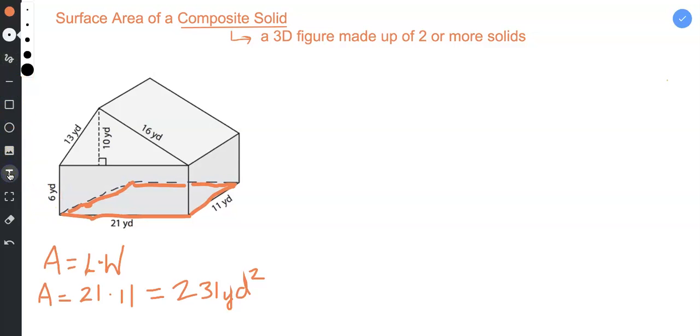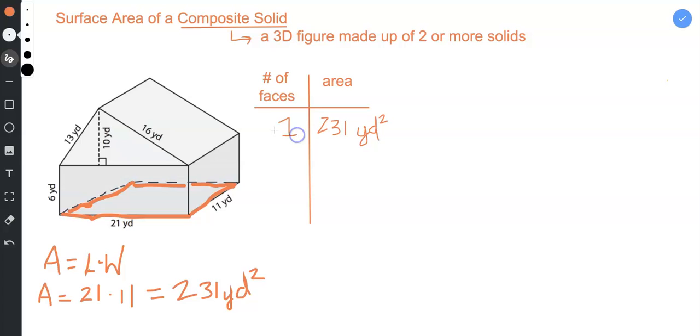I'm going to go to the letter T so that I can draw words, and then I'm going to go to the smallest dot here so it'll make tiny words, and I'm going to write number of, and then I'll click just below it and write faces, and then I'll click over to the side and write the word area, and then I'm going to go over to this line segment so it gives me a nice straight line and another nice straight line, and then I can start filling in using this squiggly mark the 231 square yards, and that's for just one face, the rectangle base.